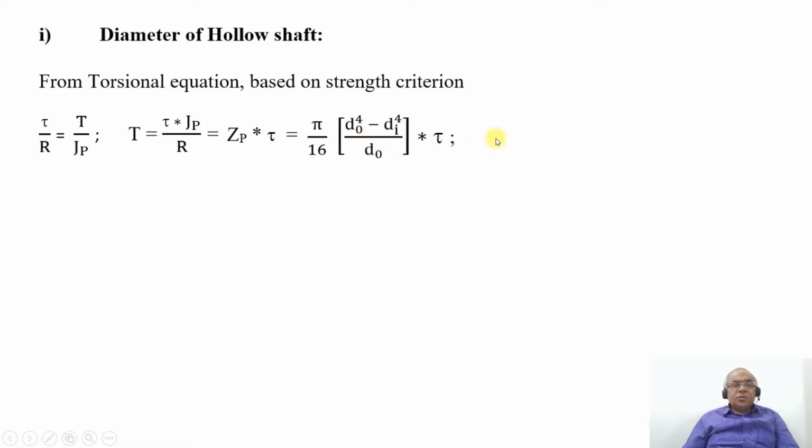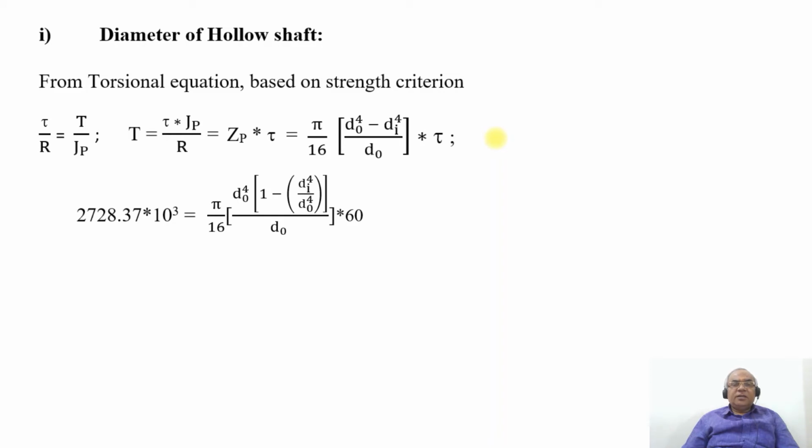Substituting the values, torque 2728.37 into 10 to the power of 3 will be equal to pi by 16 into d naught to the power of 4, you take out the common factor, into 1 minus di to the power of 4 by d naught to the power of 4, the whole thing divided by d naught, into 60.